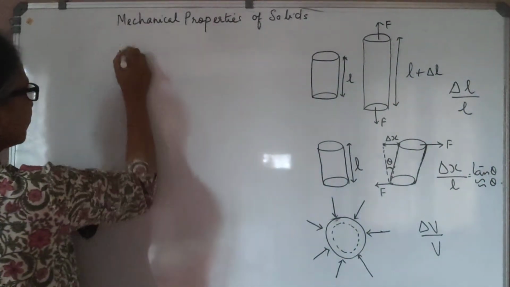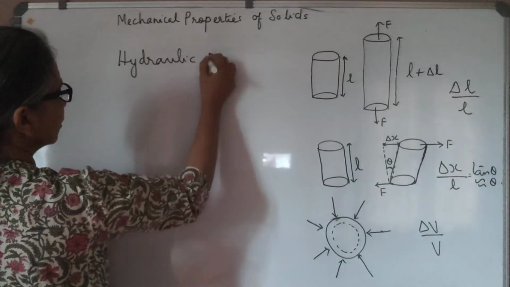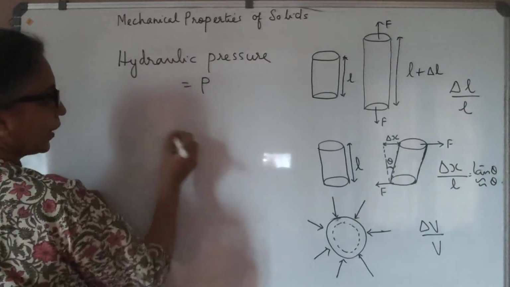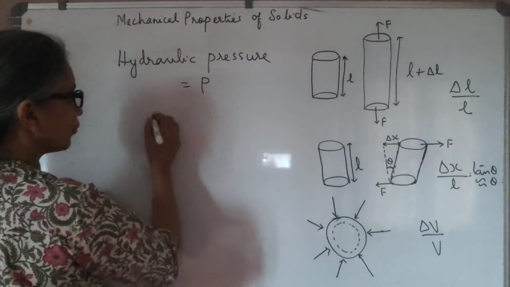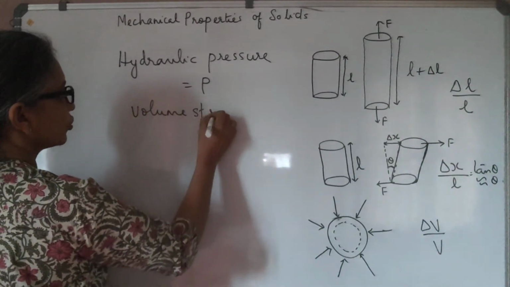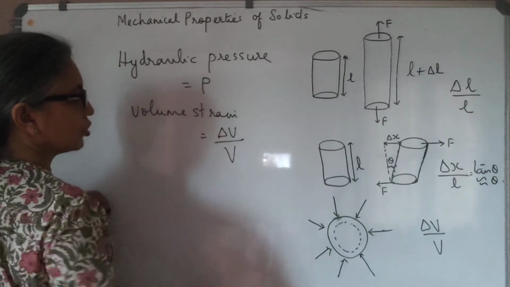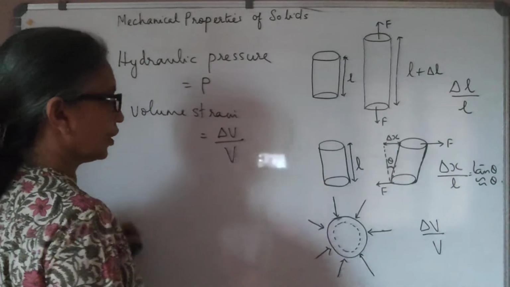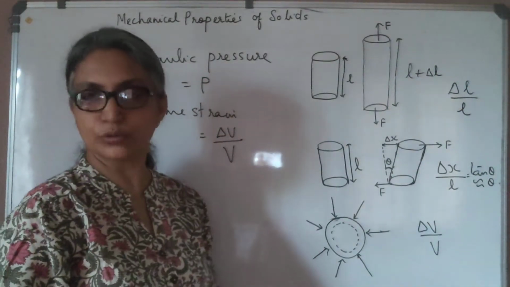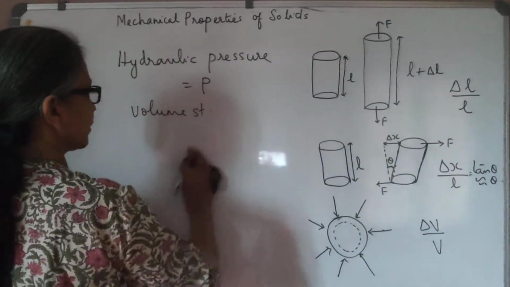So hydraulic pressure, or simply stress, is P, and there is a change in volume of the body. It's called the volume strain, given by change in volume by the original volume. Here again, because we have a ratio, we don't have any unit. Pressure has the same unit, Newton per meter square or Pascal. So these are the three different cases that we discussed here.